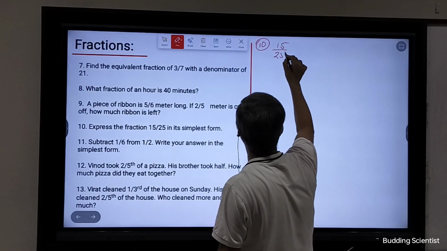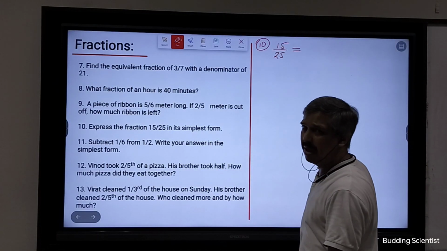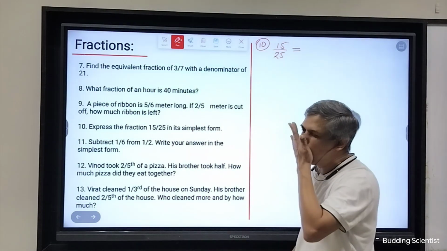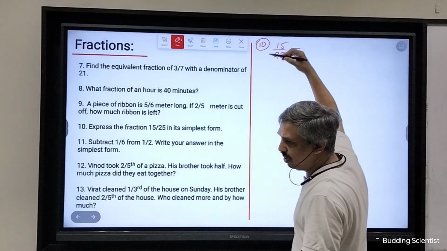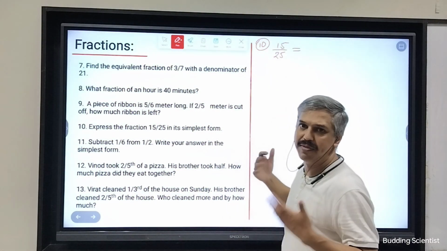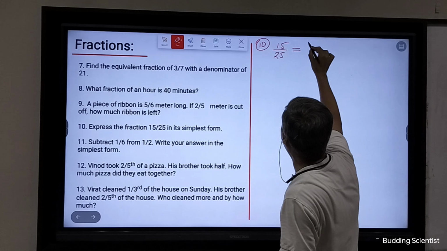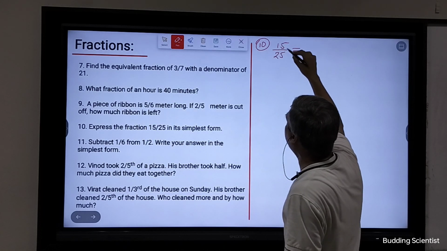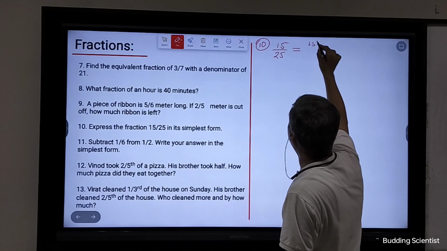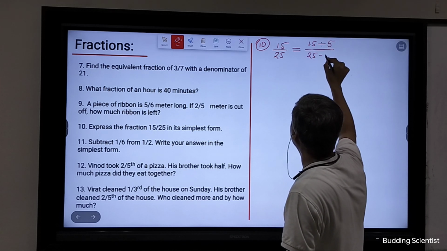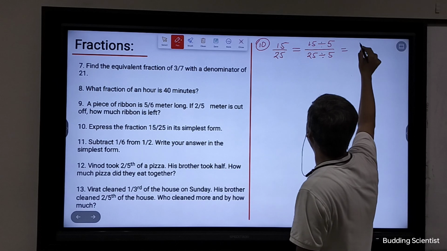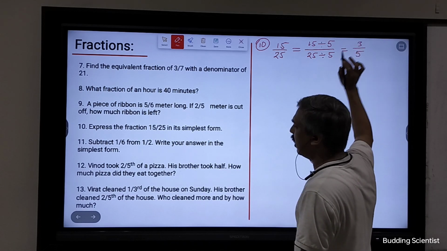Here by simplest form, we mean that we want to express this as a co-prime, both numerator and denominator should be co-prime numbers. Co-prime number is no common factor. So what is the common factor? Divide by that. Answer.